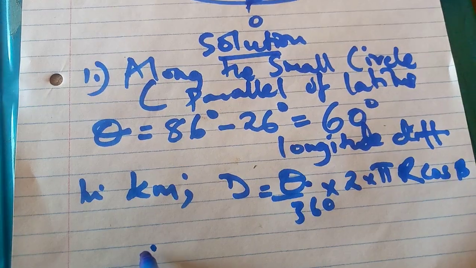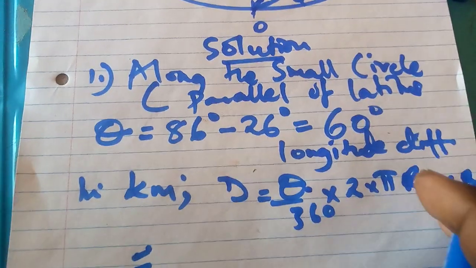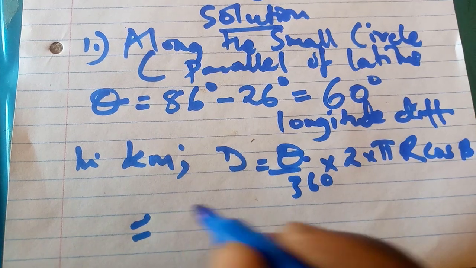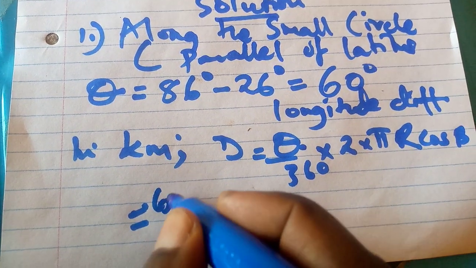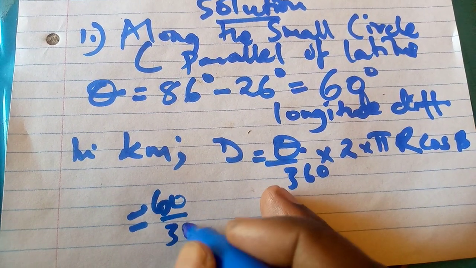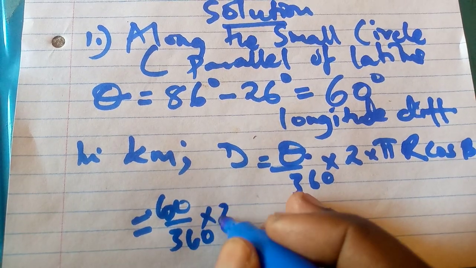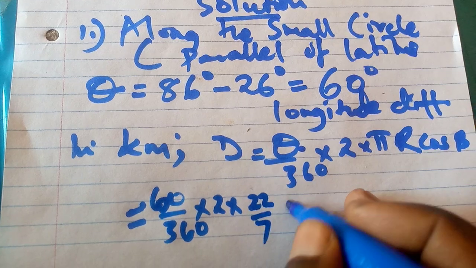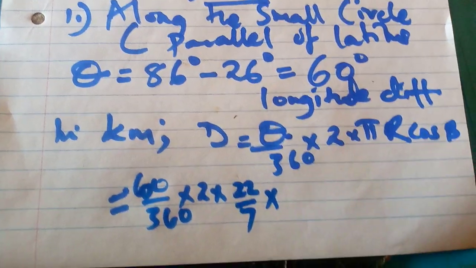So looking at that, computing it, I'm going to have 60 over 360 times 2 times 22 over 7 times r.